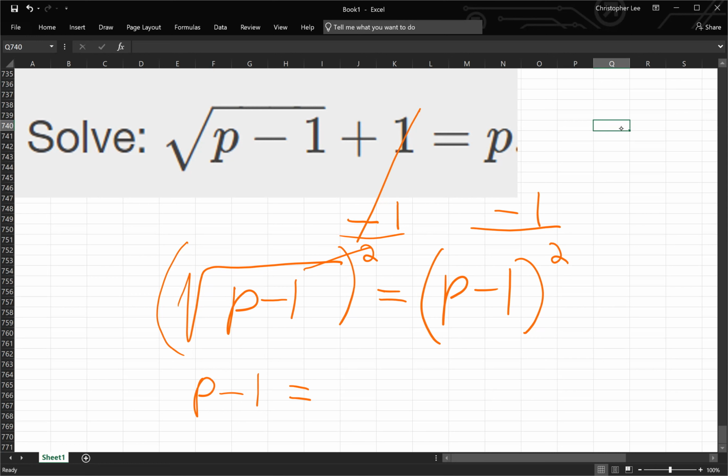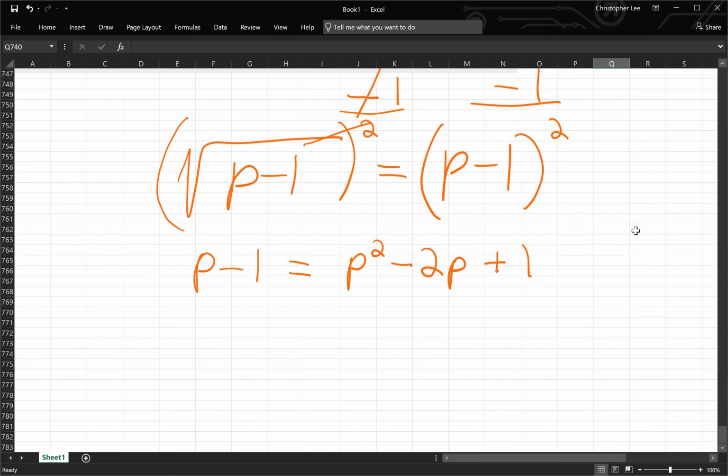P squared, so minus 2p plus 1, right? If it looks confusing, just FOIL it. Or you just distribute it. After all of that, what you're going to do is solve for P. Light work, right?